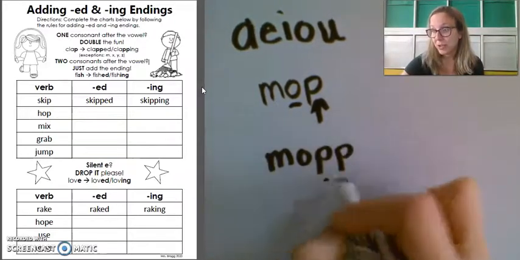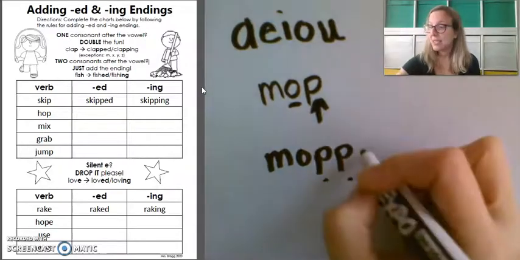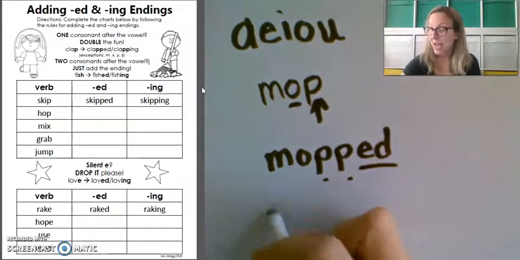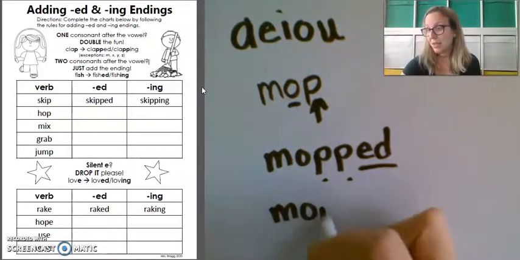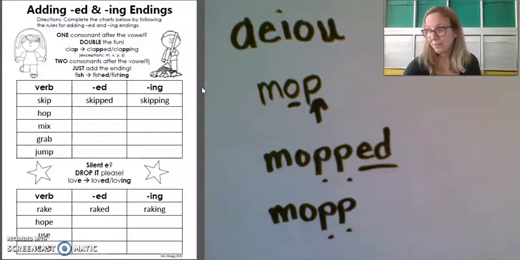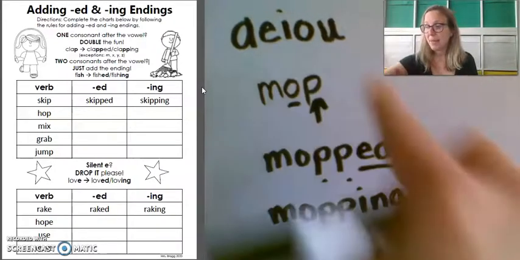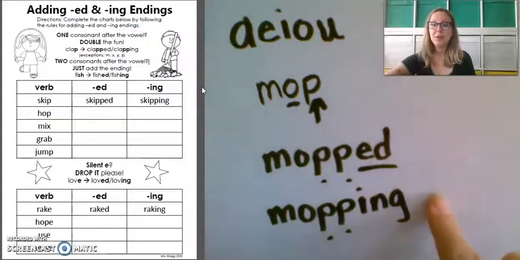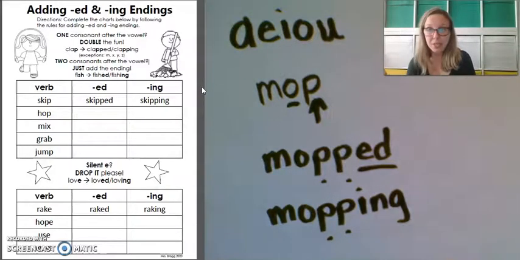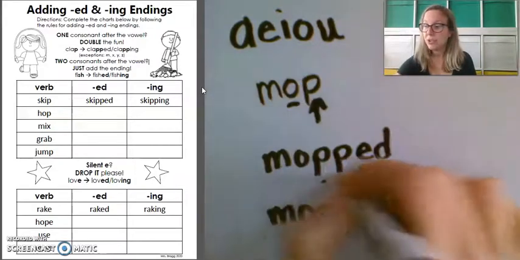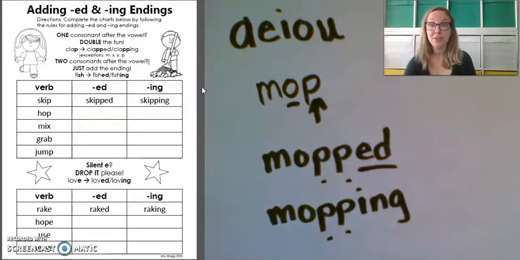Double means write it twice, that final consonant, and then add my ending, ed. And to add ing, same thing. Double that final consonant and add your ending. So today I mop, yesterday I mopped, tomorrow I will be mopping. Okay? So if it ends with just one consonant after the vowel, you double that consonant and add your ending.